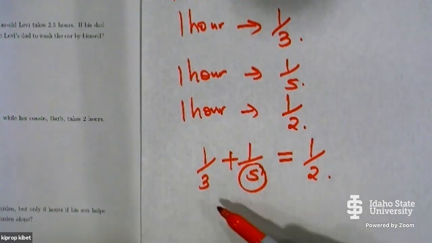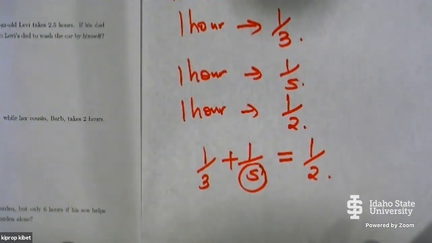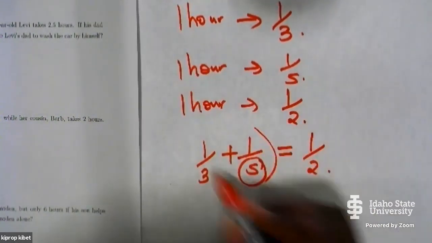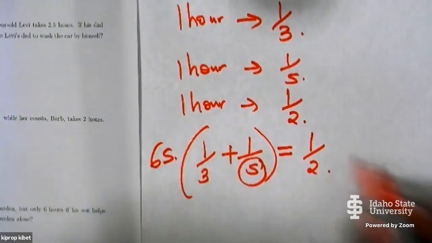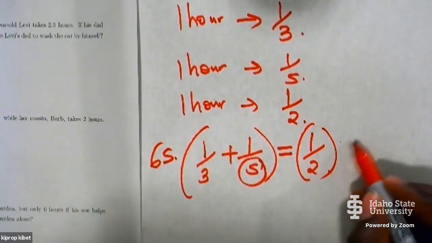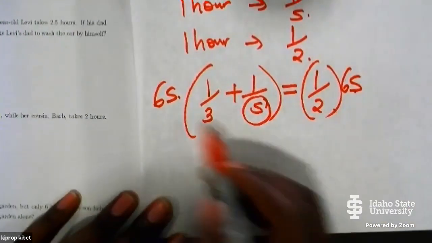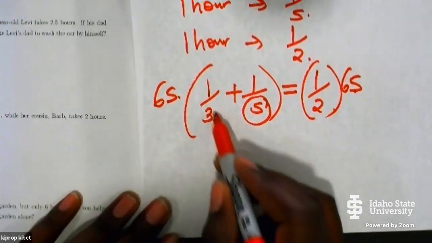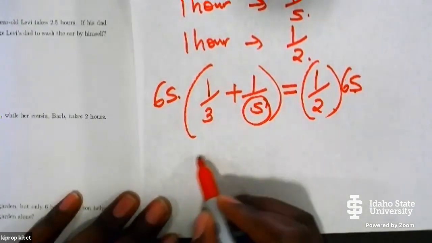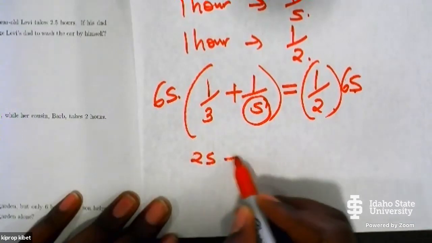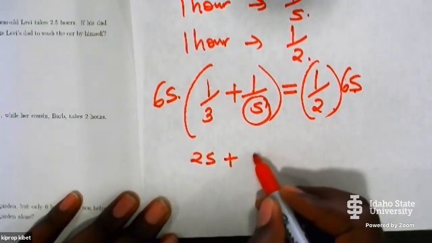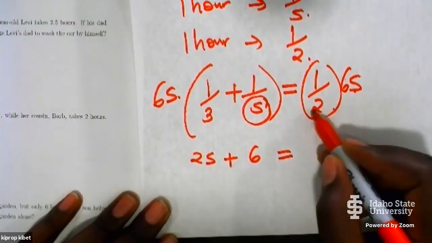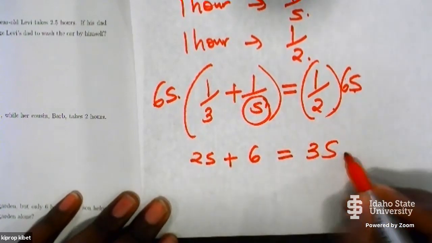So now, what will be our greatest common factor there? 6s. So we multiply by 6s here, and what you do on one side, you do on the other side. When you multiply this, you get 2s plus 6 equals 3s, because this s and that s cancel.